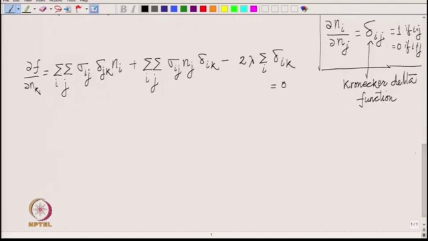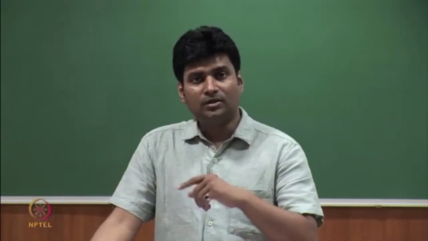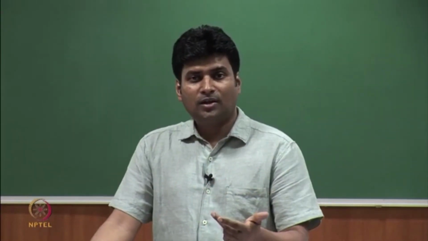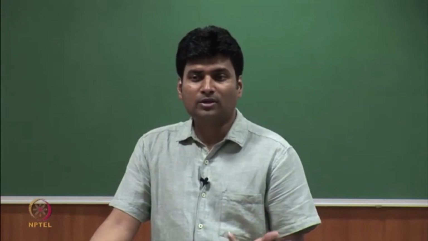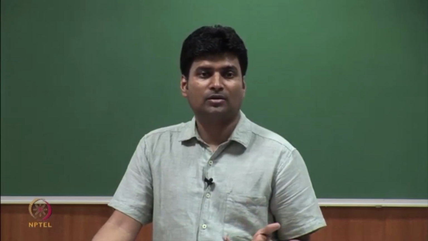Now, we can further simplify this. Look at the first term, for example. In the first term, we have delta j k times sigma i j. So, there is a summation over j, right, and we know that delta j k is 1 only if j is equal to k. So, when you do the summation over j, j equal to 1, 2, 3, only one of the terms from that summation is actually going to survive, which is when j is equal to k.